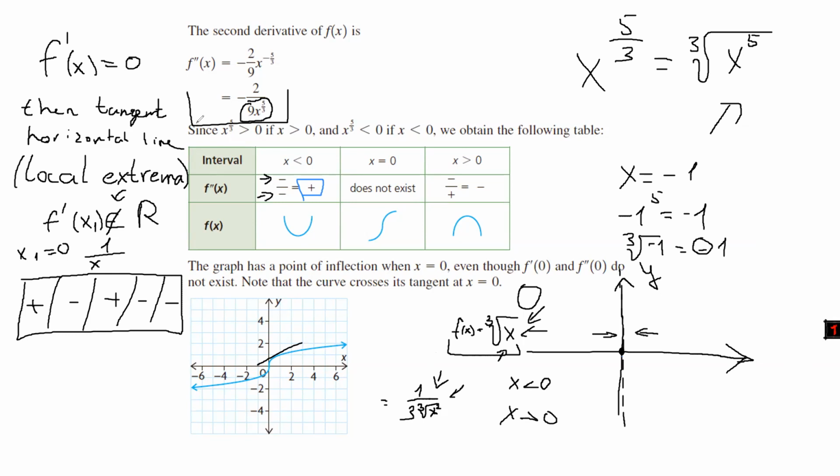The second derivative test determines whether the slope is positive or negative. The second derivative test determines whether we concave up or concave down. Okay. Is that all it determines?